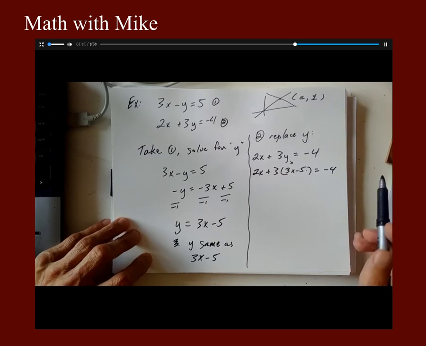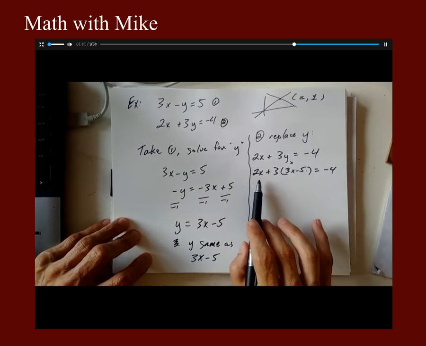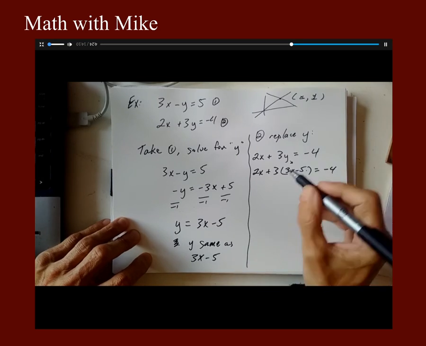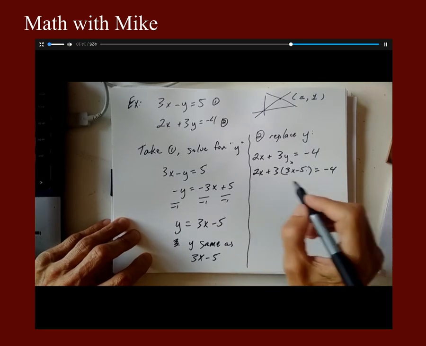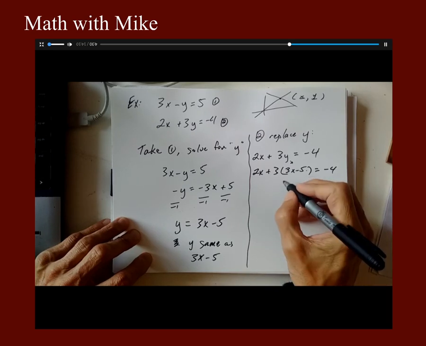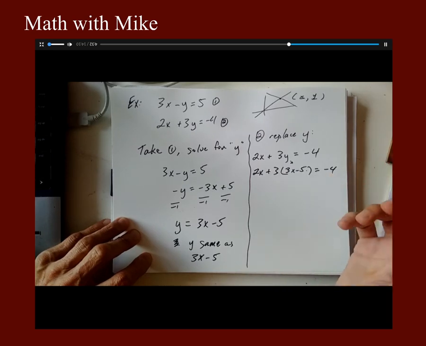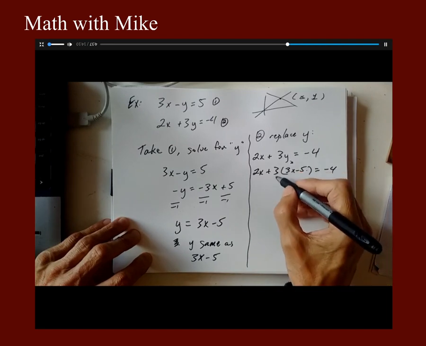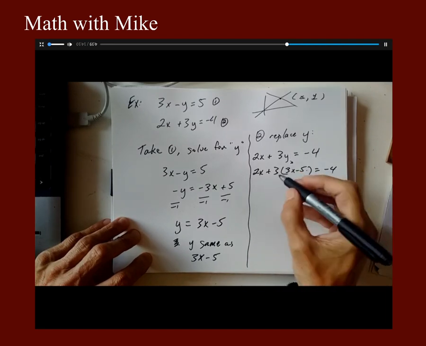Now the beauty of this is that there's only one variable now, which means we can solve this. To solve for this one variable that we have, use the rules of algebra that you know and love. In this case, we have to multiply the 3 into the brackets.